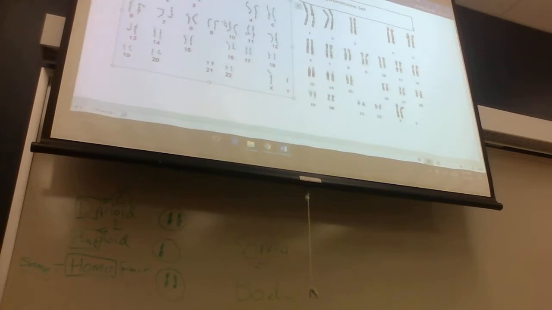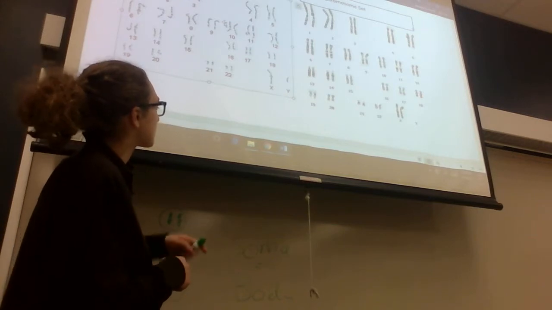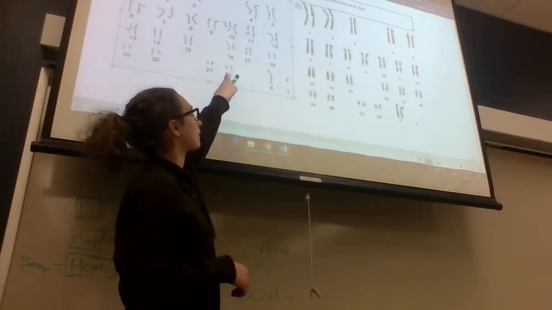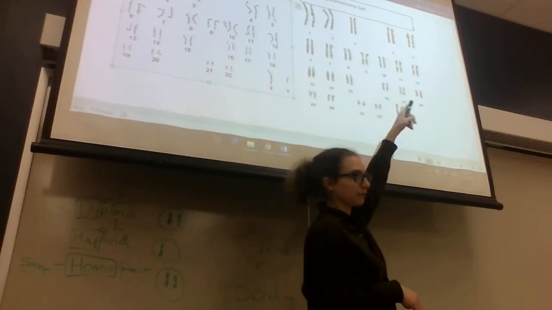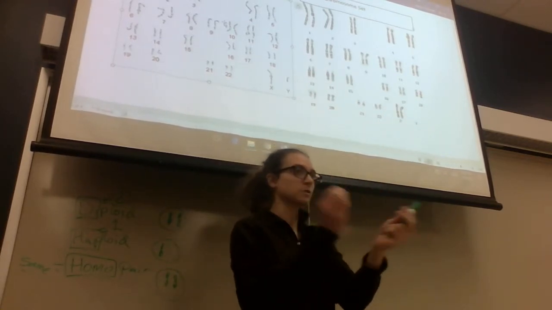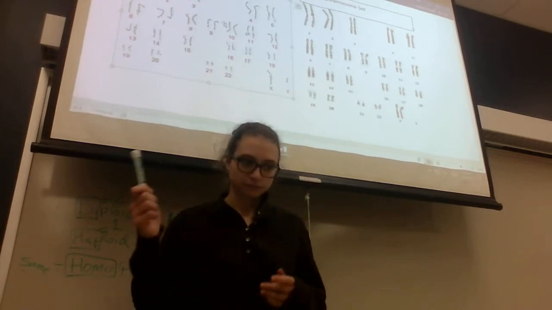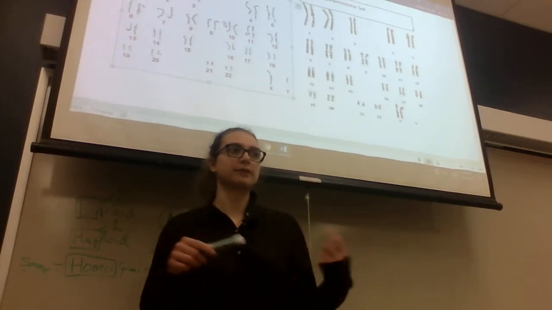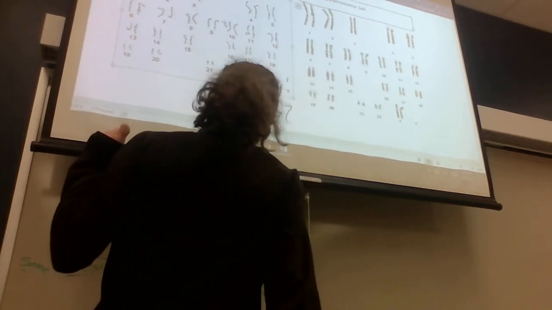These are just the ones from mom and dad, X and Y. You'll inherit like this one from mom, or this one from dad, this 22, and then you'll inherit that 22 from dad. So the chromosomes will swap out, and you'll inherit one from each, and however it's divided out is what you get.